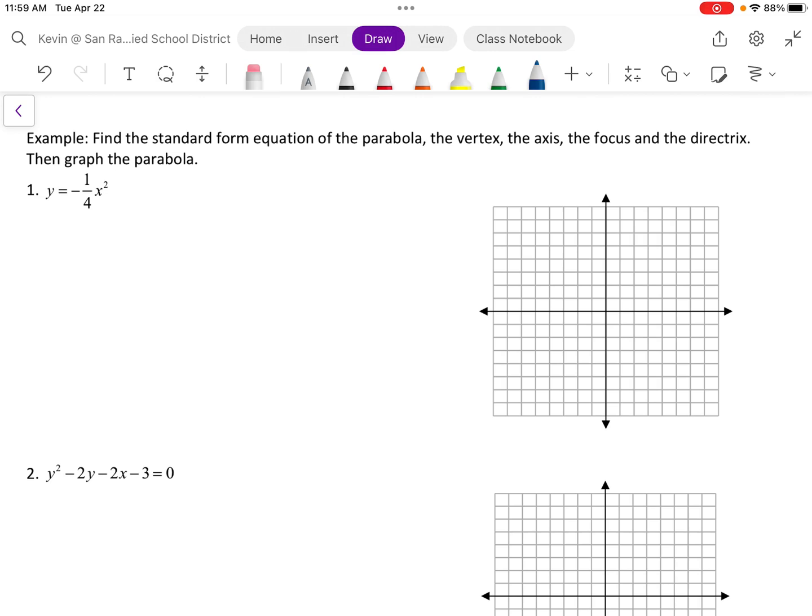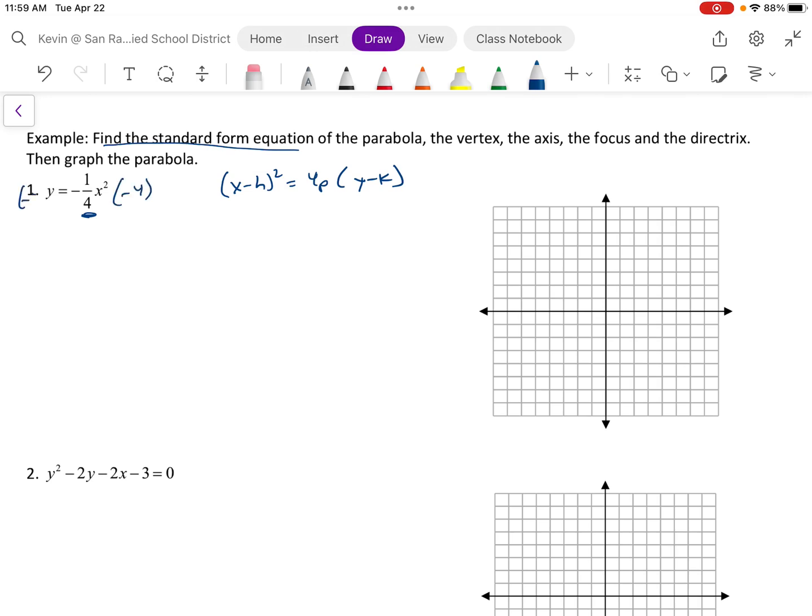Okay, so let's go through and do a couple of these real quick. Not sure if we'll go through all of them. Let's start here. Find the standard form equation. This is not in standard form. This is in the form that you're used to, but standard form would be (x minus h) squared equals 4p(y minus k). So let's write it that way.